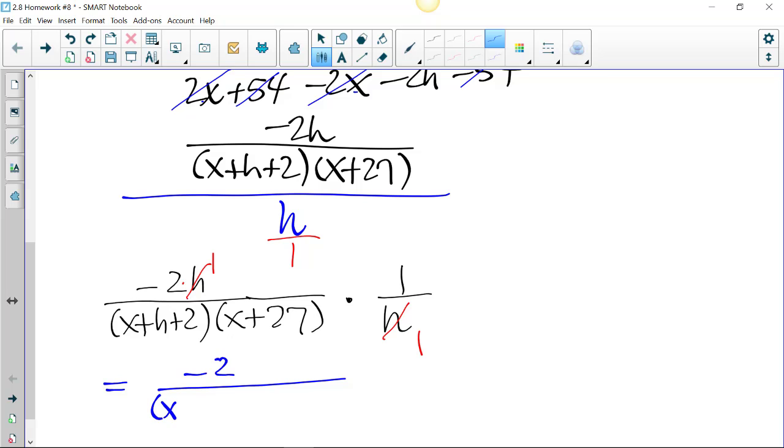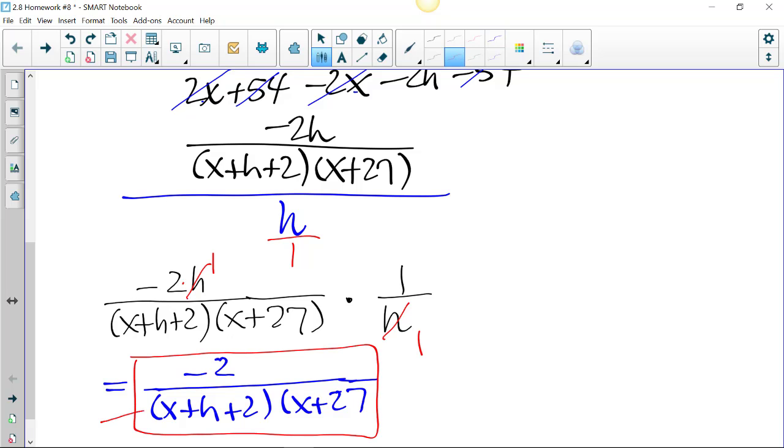And then I have the x plus h plus 27 over x plus 27 in the bottom. And we're good here. You do not need to multiply that out. Actually, you don't want to, because in calculus, you're going to put 0 in for h, and we like denominators factored. So there is our simplified difference quotient.